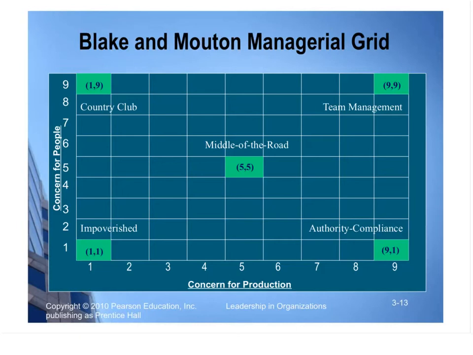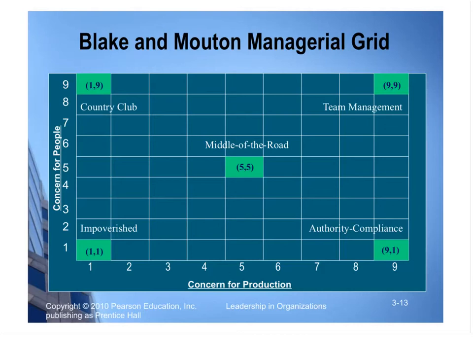Okay, 13 basically is to help you understand your concern for production versus your concern for your people or staff. As we have discussed before, when it comes to leadership, there is a lot of concern about people.